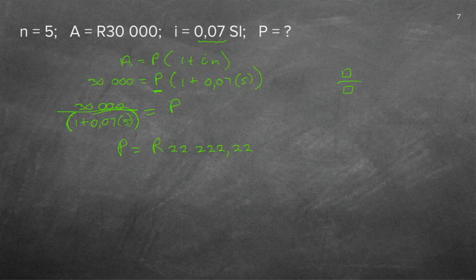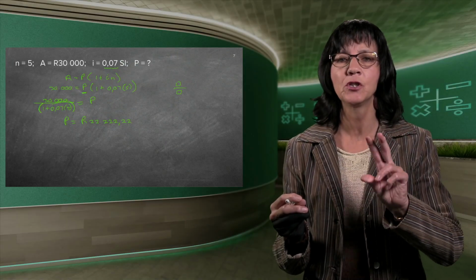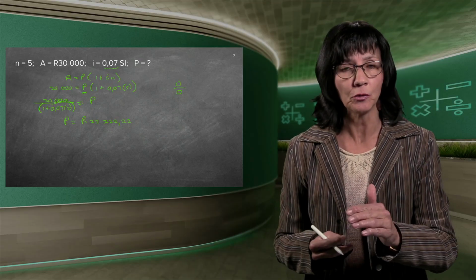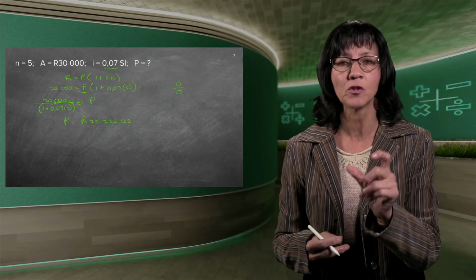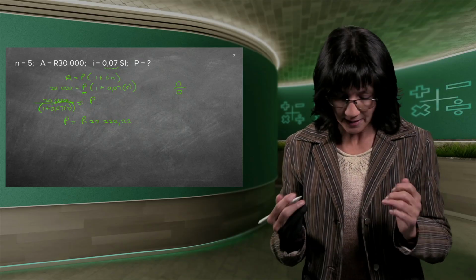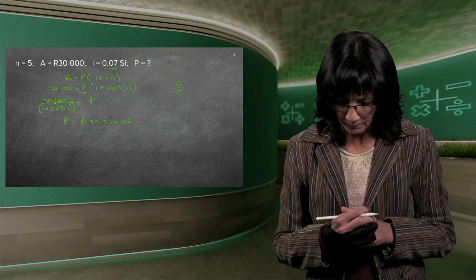So that's just a common thing. When we work with finance, there will always be 2 figures behind the comma. Even if it was only comma 2, you will put comma 20 because it represents cents, and it needs to be 2 figures.